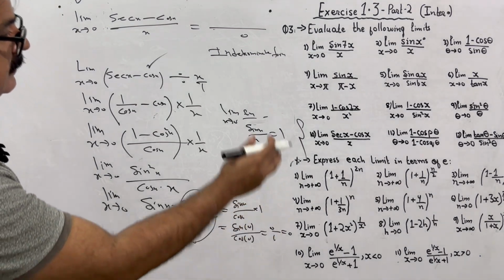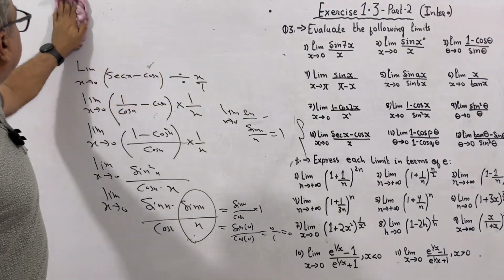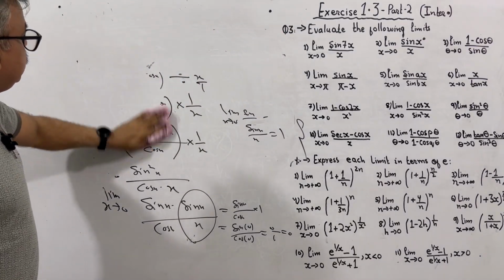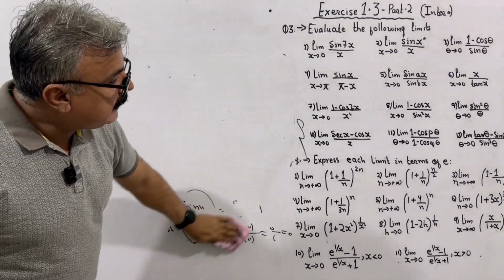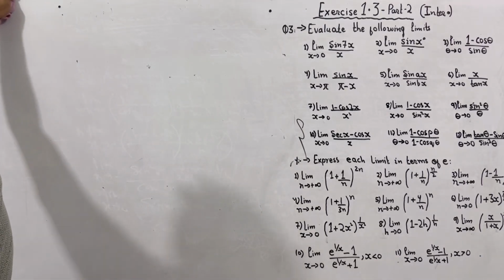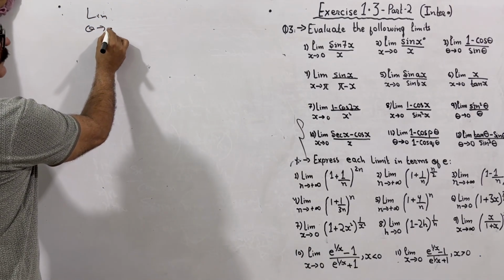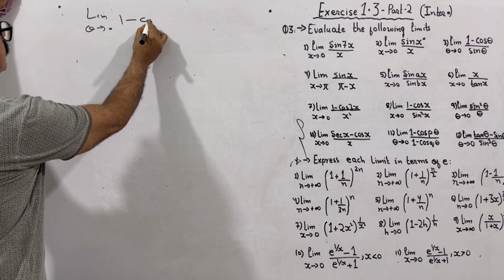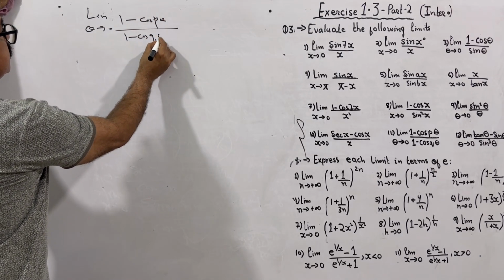Moving towards the next question, an impressive one. Limit theta tends to 0 of 1 minus cos p theta over 1 minus cos q theta.